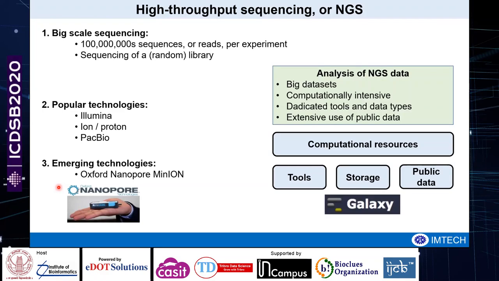There are several popular technologies implemented for generating sequence data, like Illumina, Ion Torrent, and PacBio. But here I'm emphasizing nanopore MinION technology, because the data which I'm going to use for further analysis is retrieved from nanopore MinION sequencing, which is an emerging single molecule strategy that has made significant progress in recent years.